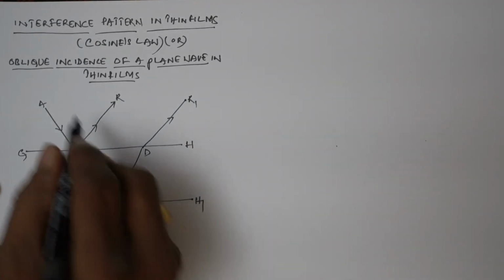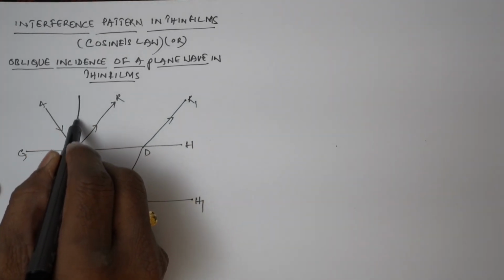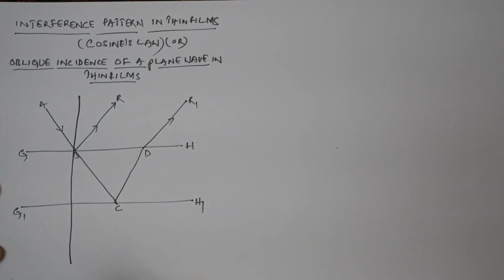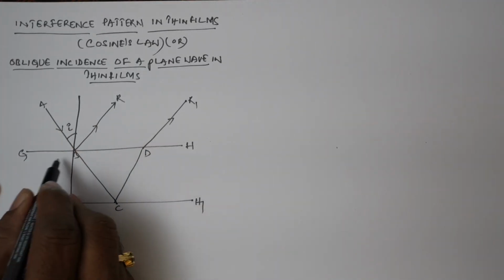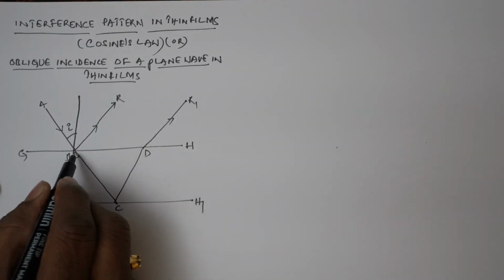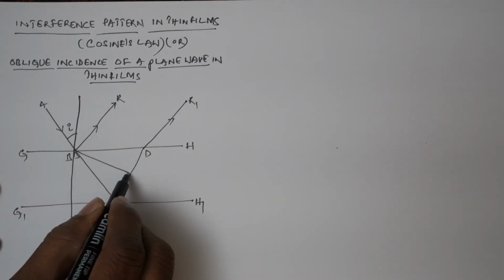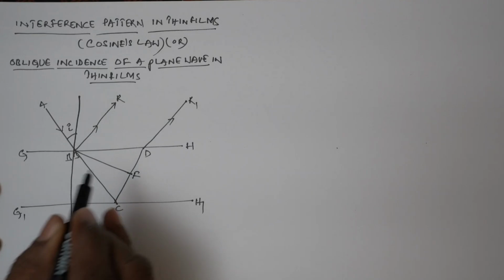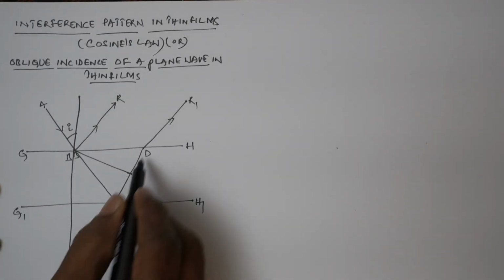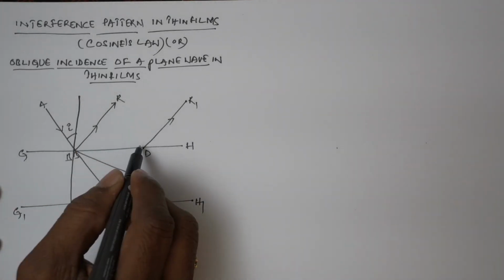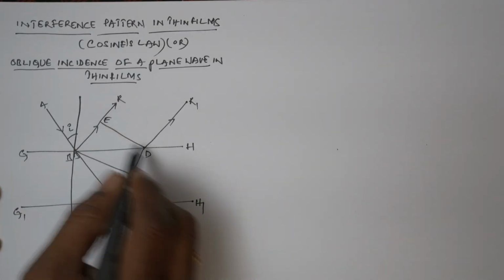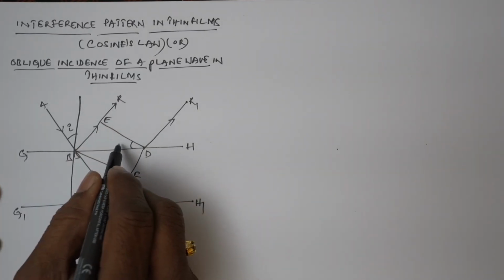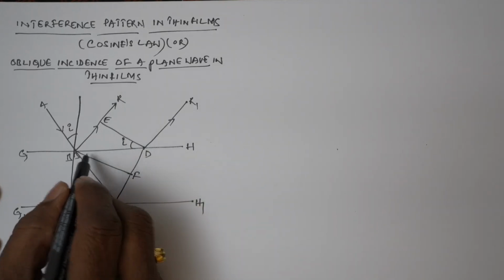I am going to draw one normal like this. Now this is the angle of incidence, and draw a perpendicular from B to CD, that is called BF. Draw a perpendicular BF on CD and draw another perpendicular DE on BR. This is called E.